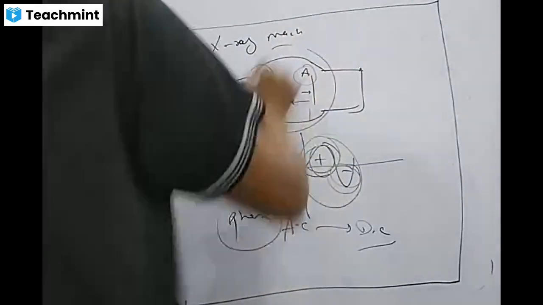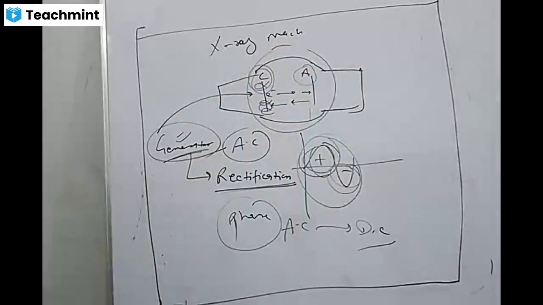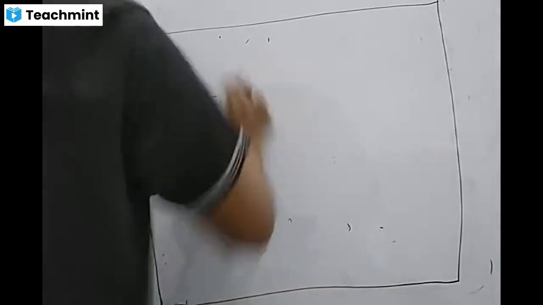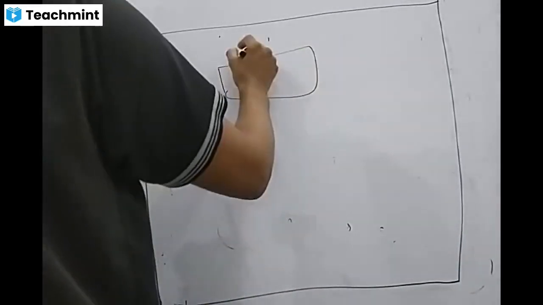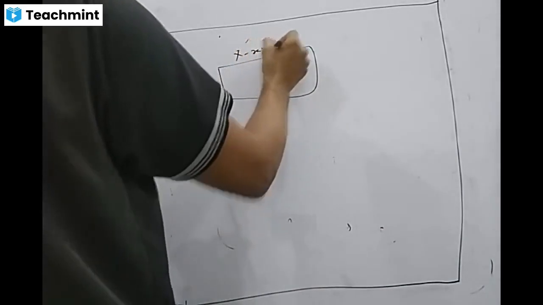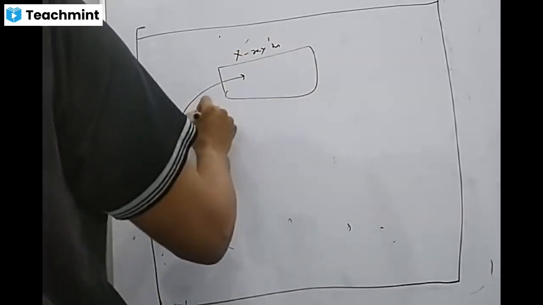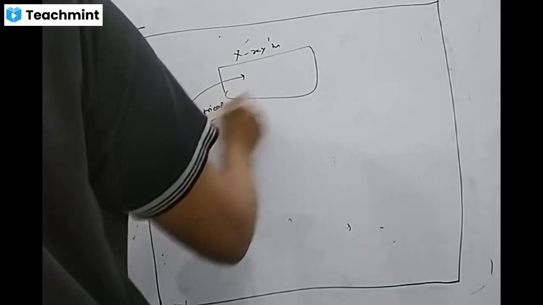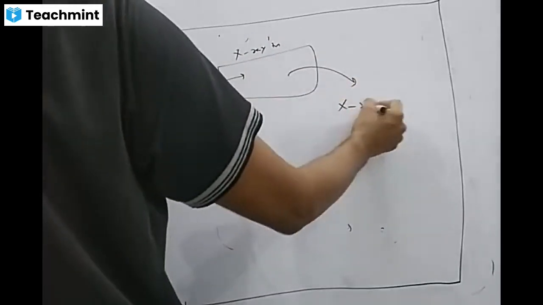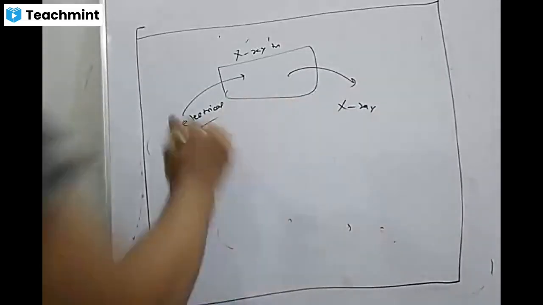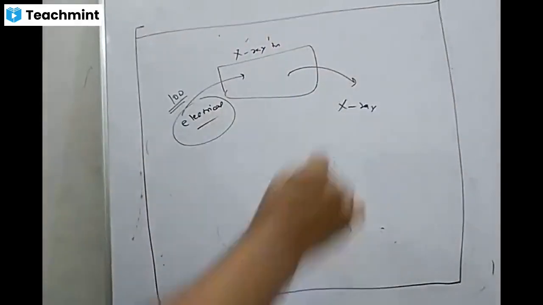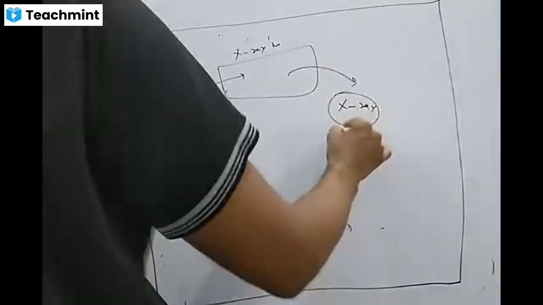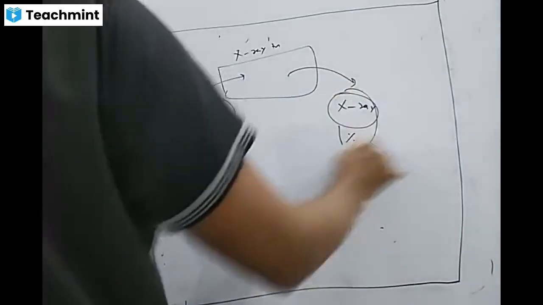And this was our X-ray tube. Inside the X-ray tube, we have seen that the role of this simple tube is just to convert electrical energy into X-ray. If you look at the efficiency, if we are giving 100 input, then this tube will give you 1% X-ray.